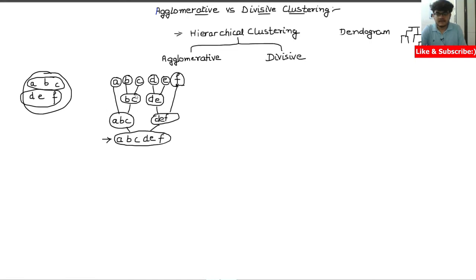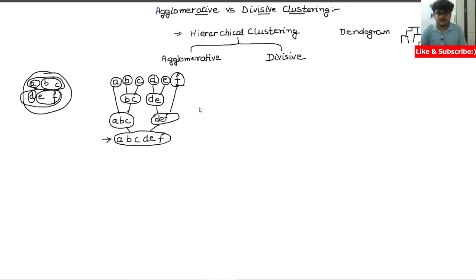And inside A, B, C, B, C is a single cluster, and A is a separate cluster, and similarly E and F is a different cluster and D is a different cluster. So indeed this is hierarchical clustering, but the idea is that we take the points individually and then we agglomerate them into clusters. Basically agglomerative means we are combining them into clusters. So finally we will get the whole cluster like this.